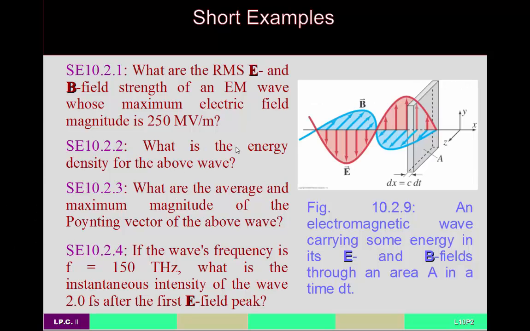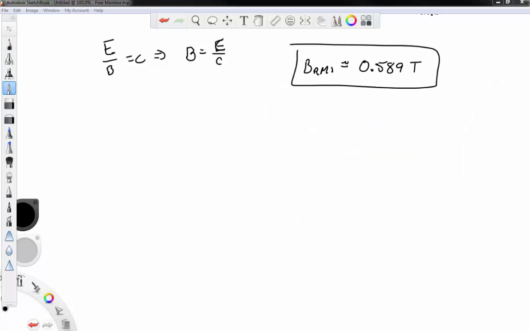Next example asks what the energy density for the above wave is. So if you want to find the average energy density, basically the energy density little u is given by epsilon naught times E squared, or you could use B squared over mu naught.